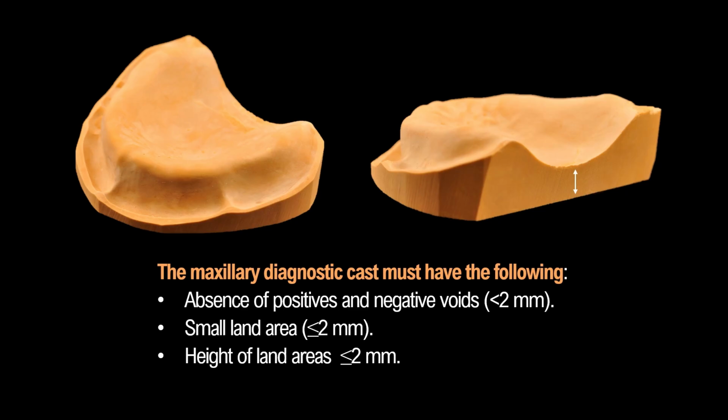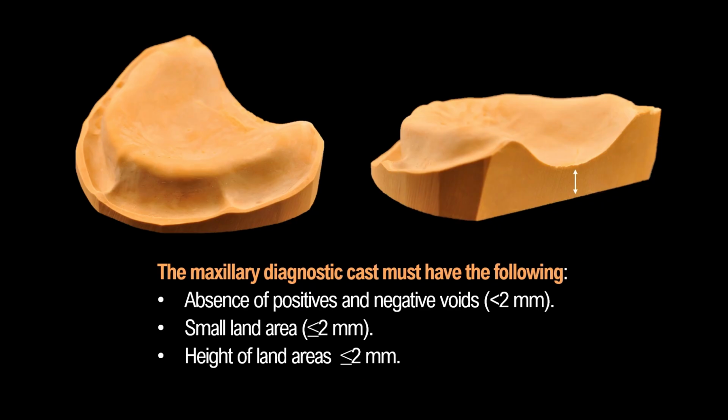So let's say you over trim this and this land area here is below the level of your frenum. It's okay if you do that, as long as when you're taking your diagnostic cast to the model trimmer, you don't cut completely the frenum. You want to make sure you still see the entire frenum so you can properly make your tray.